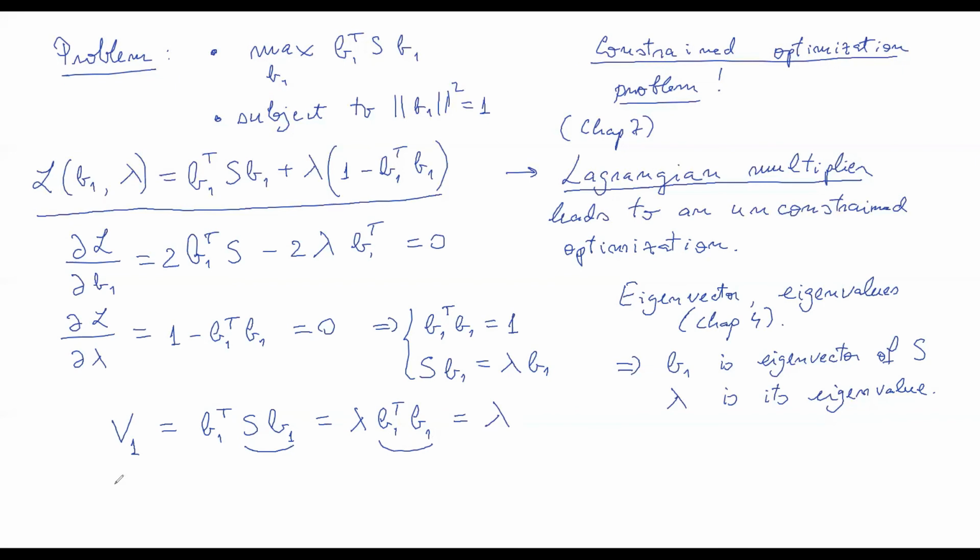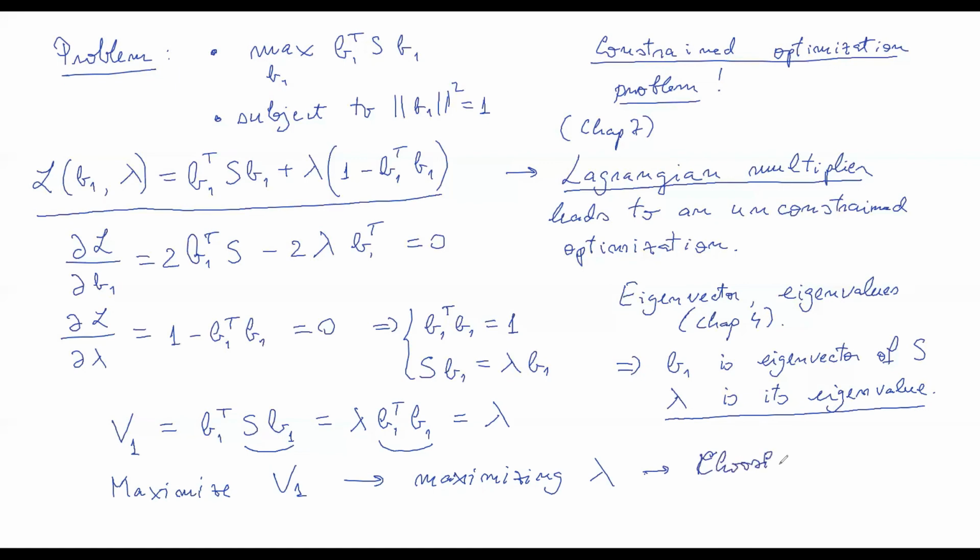So maximizing V1 is all about maximizing lambda. And remember, lambda is an eigenvalue of S. So that's about choosing the largest eigenvalue of S.